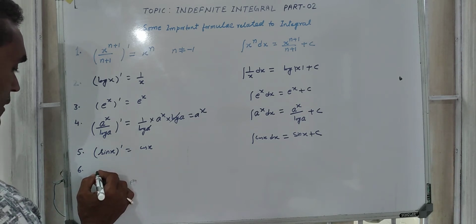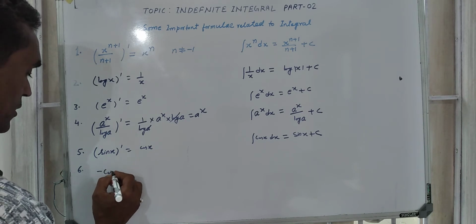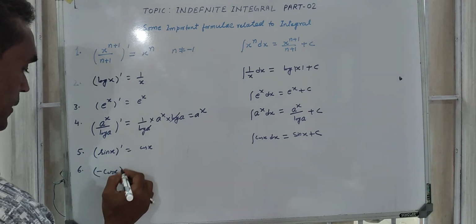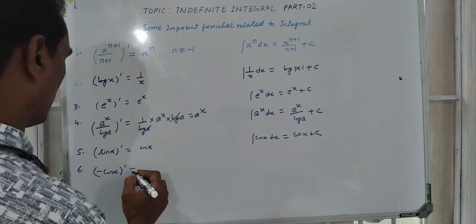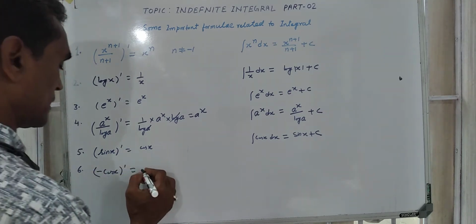So here we will write derivative of minus cos x, so that on the right hand side we get standard form. Derivative of minus cos x is sin x.